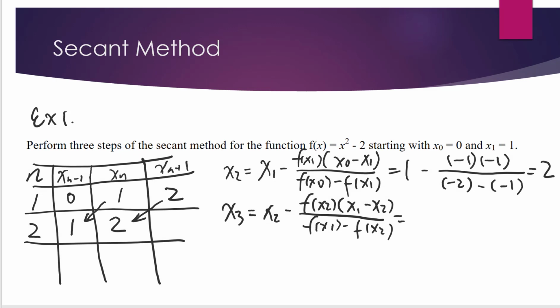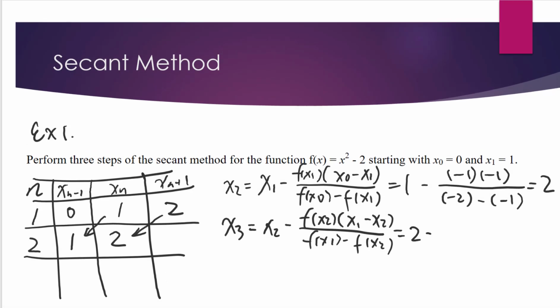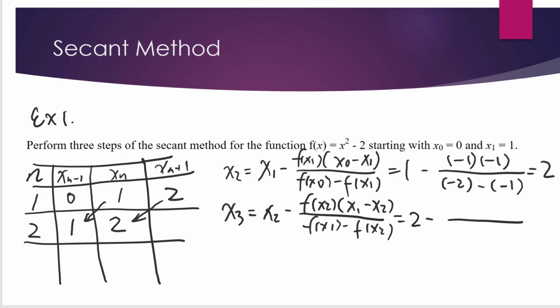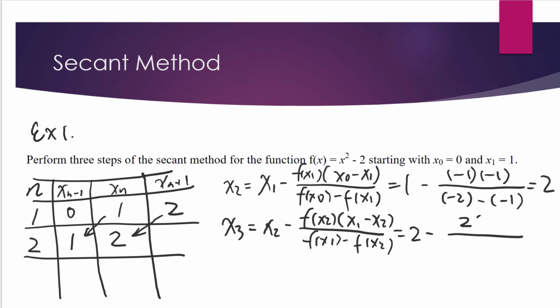Okay, so x2 is 2 minus f(x2), which is 2 squared minus 2, which is 2, and times x1 minus x2, which is 1 minus 2, so it's negative 1, and over f(x1), which is negative 1, minus f(x2), which is 2.